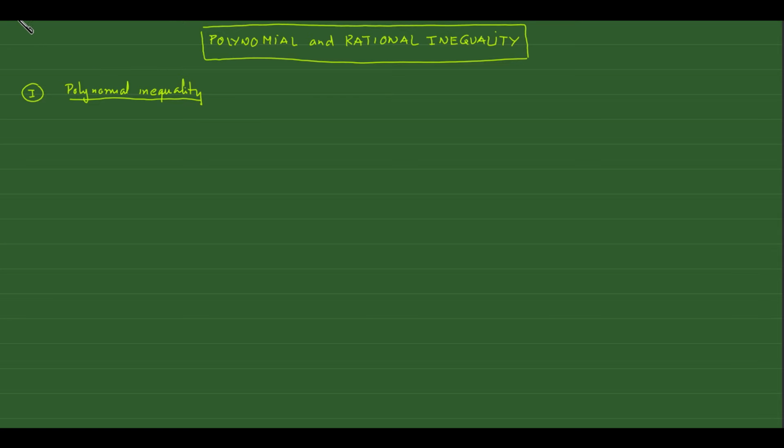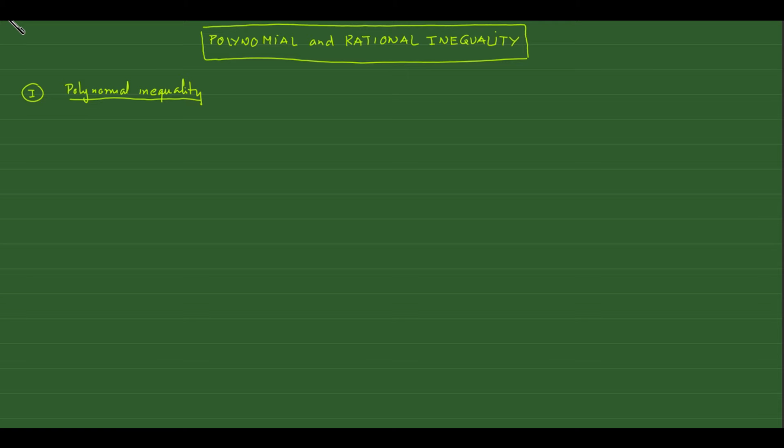One example of a polynomial is a second degree polynomial, which is the quadratic. We go ahead and use the inequality sign instead of the equal sign. Then we have something called a polynomial inequality or quadratic inequality, right?